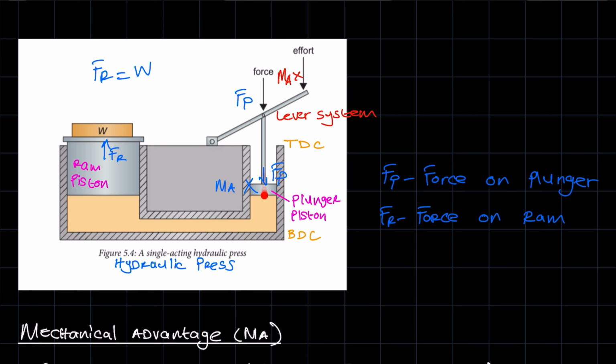And then the force coming into the hydraulic press, which is the force on the plunger, is multiplied by the hydraulic press's mechanical advantage. The product of the force coming into the hydraulic press and the mechanical advantage gives us the force coming out of the hydraulic press, which here has been denoted as FR, short for force on the ram.